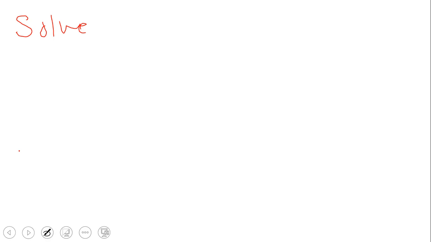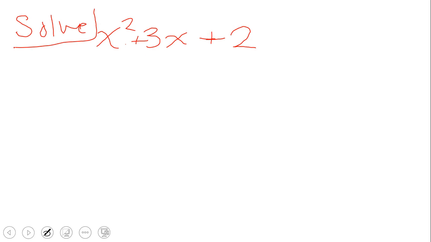Let's just try it. If I have 2, and make that positive, factors 2, so I'm going to do 3x and x squared plus, okay, so x squared plus 3x plus 2, that'll work.